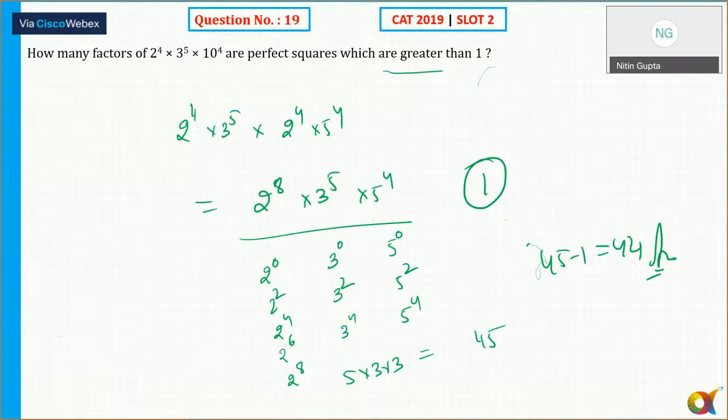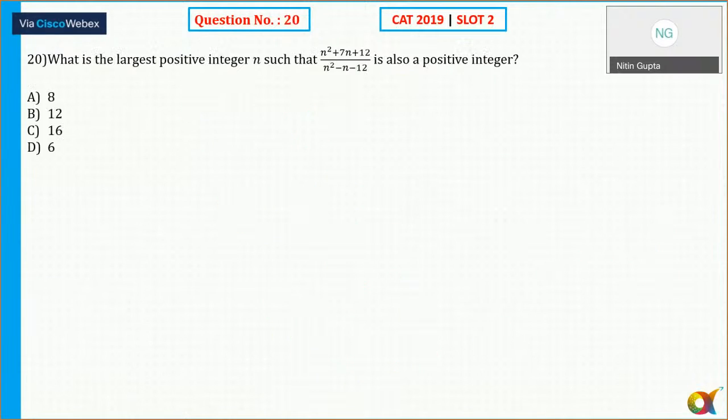Okay, let's move to question number 20. Again, a very easy one. What is the largest positive integer n such that this is also a positive integer? So factorize the numerator. Numerator is n squared plus 7n plus 12, right? So 3 into 4 is 12, 3 plus 4 is 7. So (n plus 3)(n plus 4) is the numerator. In the denominator, it is n squared minus n minus 12, that is (n minus 4)(n plus 3), since minus 4 plus 3 and minus 4 into 3.